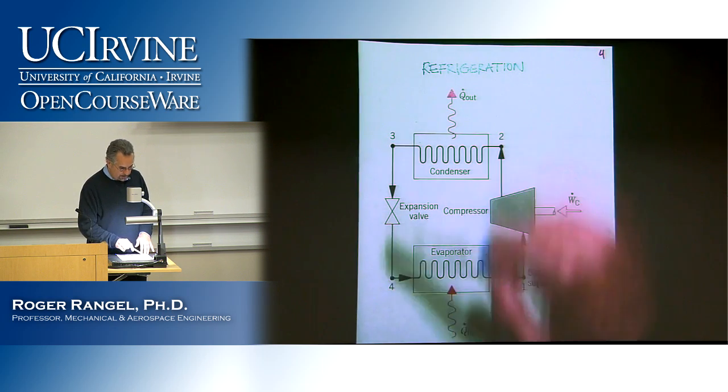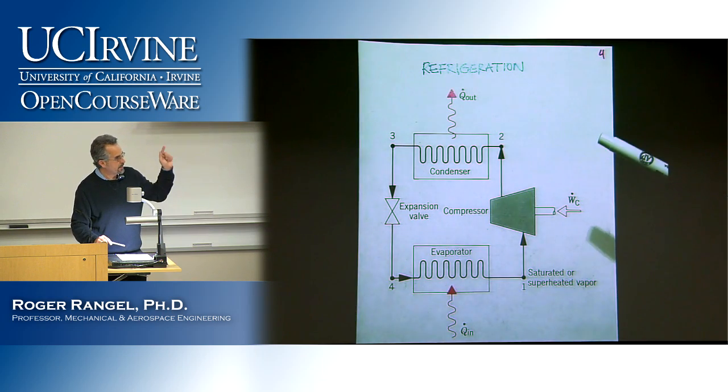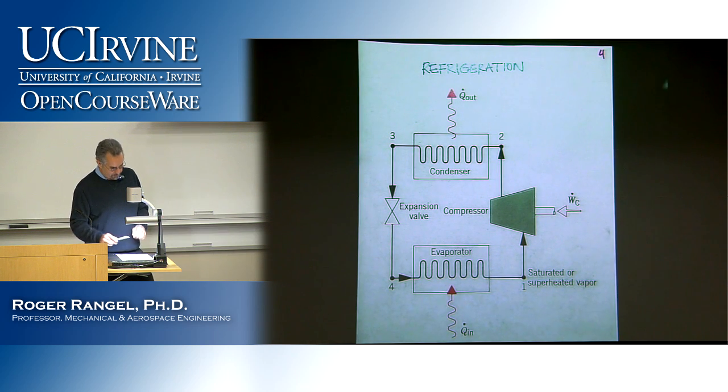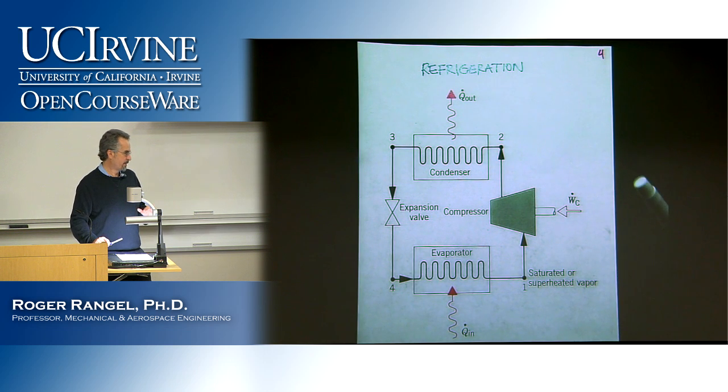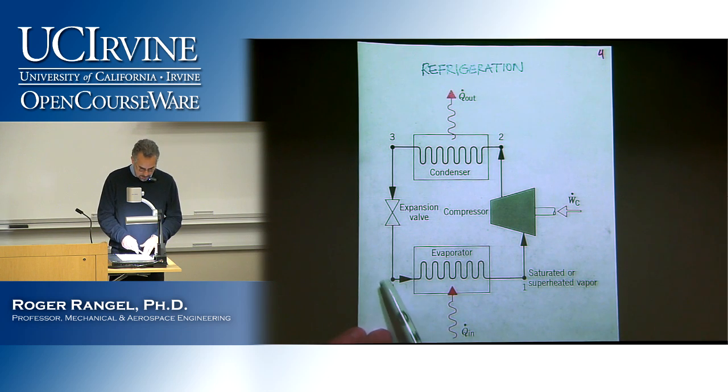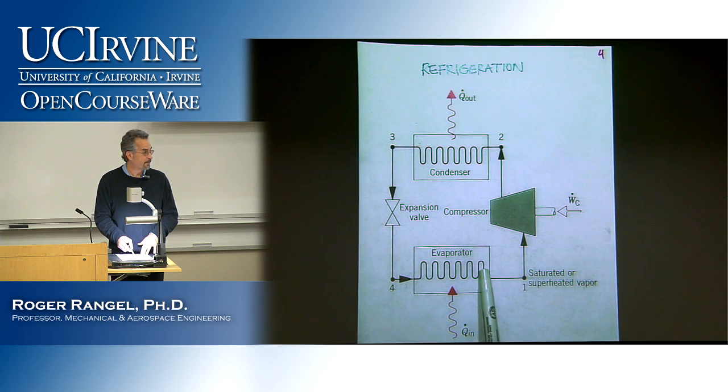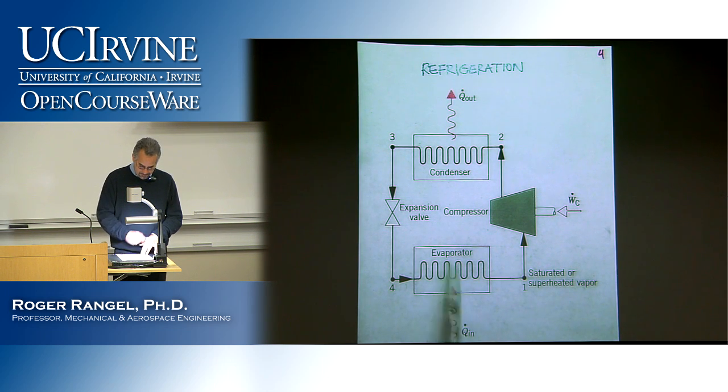When it comes out, in that process of being throttled through the valve, some of it evaporates. So when it comes out at 4, some of it is liquid, some of it is vapor. And then we put it through the evaporator, and whatever remaining liquid there was will be evaporated. Obviously, in order to evaporate it, we need to add heat. And then we come out here where we started.